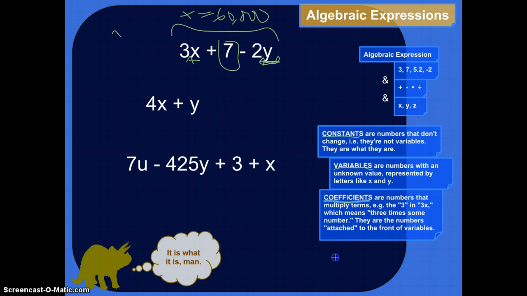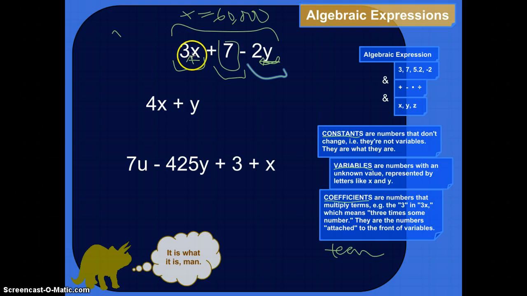I should probably add a vocab word over here, term, T-E-R-M. The terms are the things in algebraic expressions that are being added or subtracted. So that's a term, that's a term, that's a term.